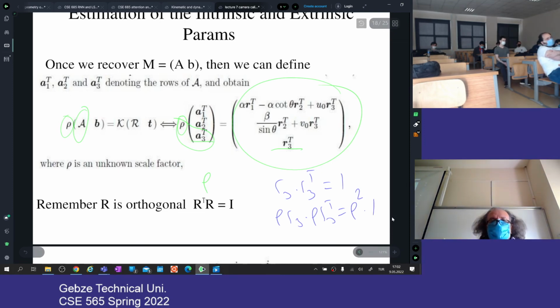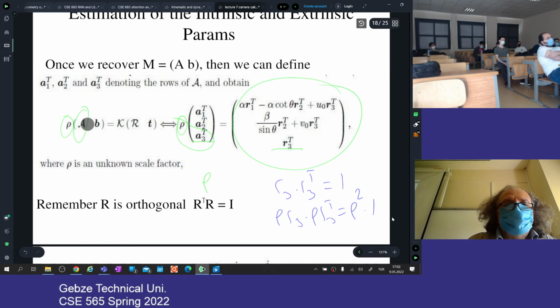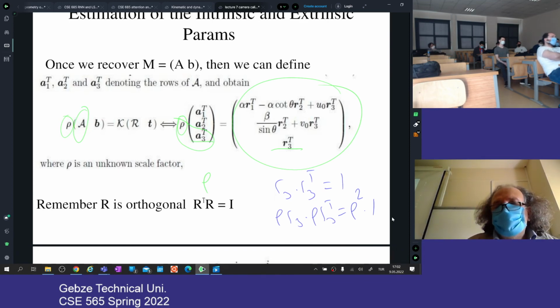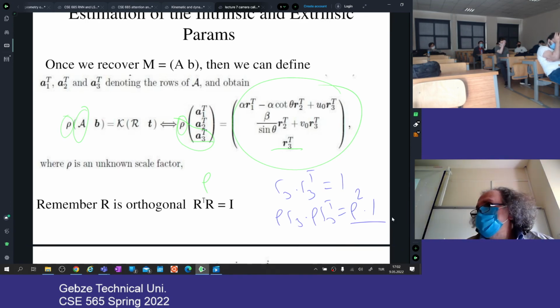So if I multiply the third row of this matrix A by itself, it's going to give me rho square, and if I take the square root of this rho square, it's going to give me rho.